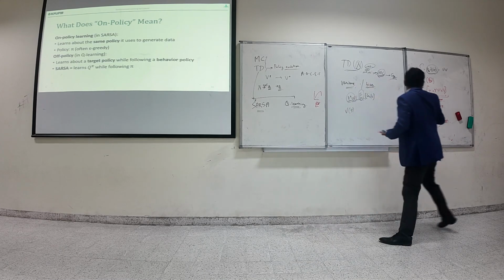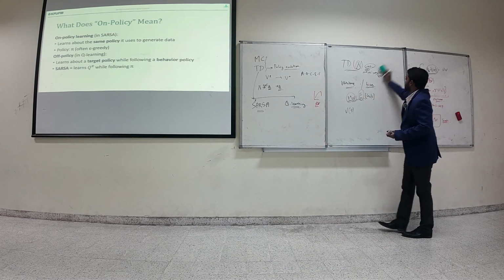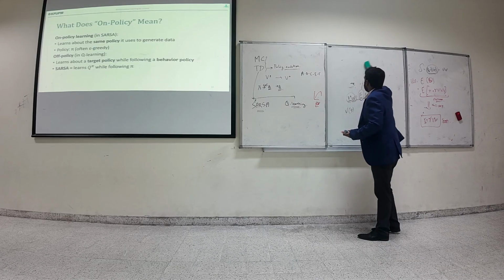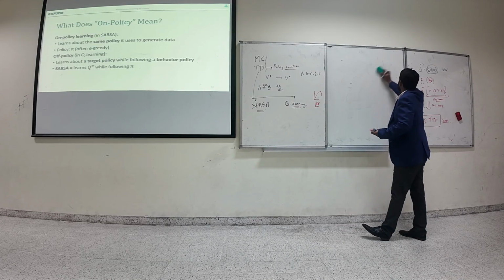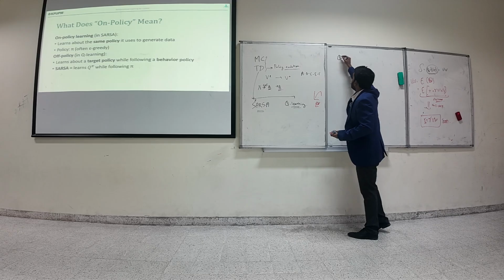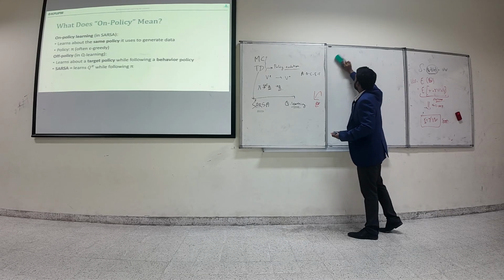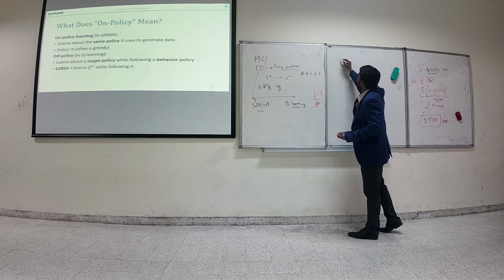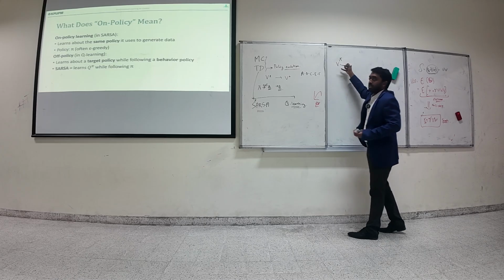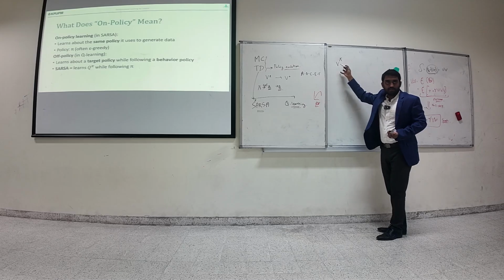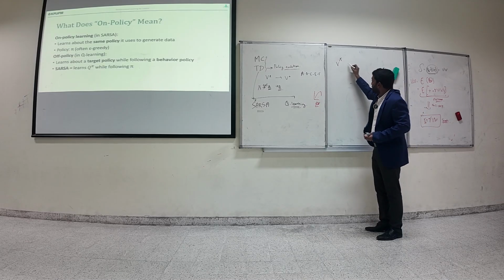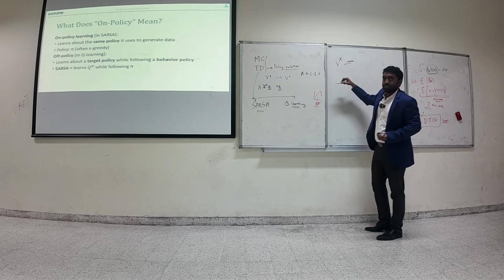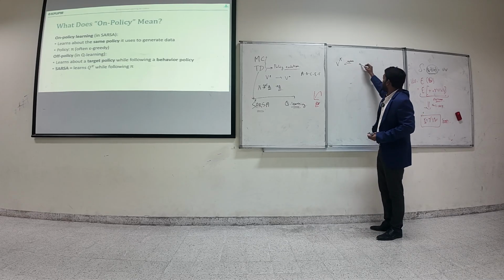So if I write it, you're following the policy pi and then you're getting V pi for that policy. You update this policy or this value function. This is on policy.